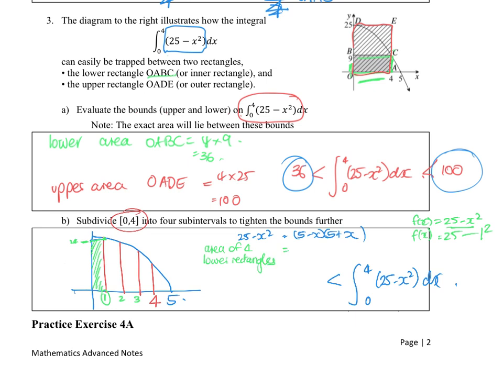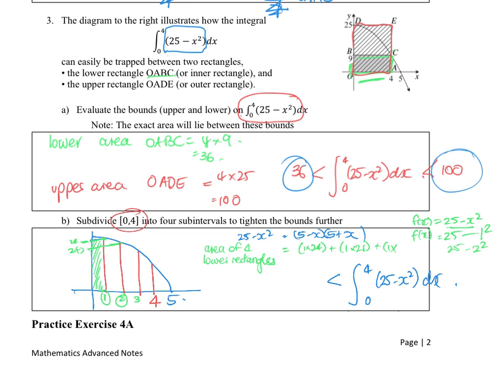So the first one is going to be 1 times 24, plus, now what's the next one? What's that value here? It's going to be 25 minus 2 squared, which is 25 minus 4, which is 21. So that's plus 1 times 21. They're all going to be 1 times because they've all got a width of 1.